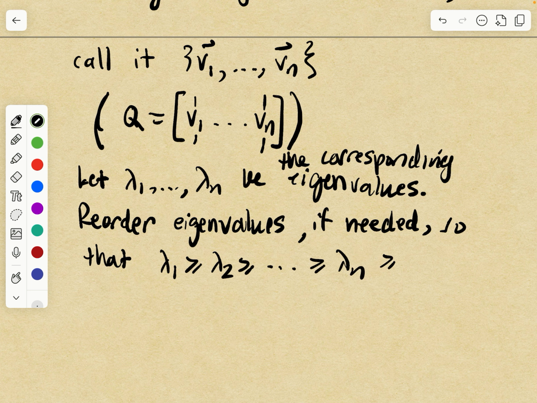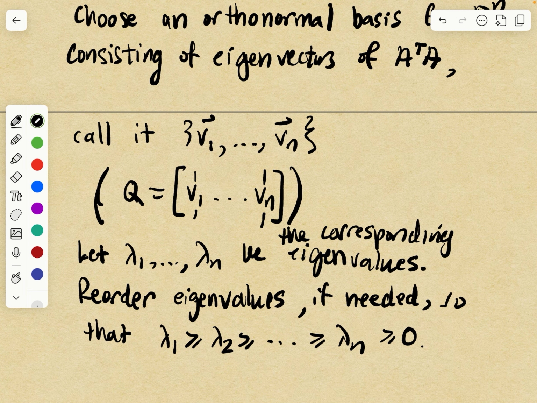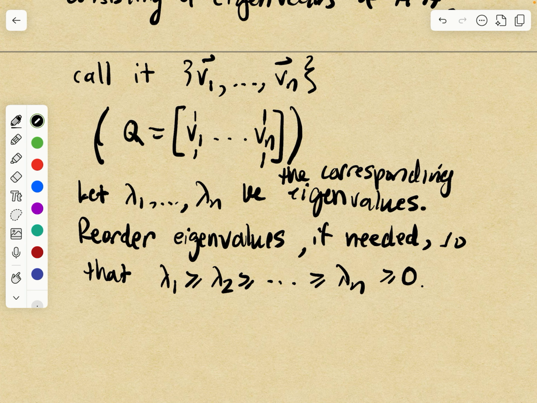And of course, we showed that these are all non-negative, so they're all greater than or equal to 0. Remember, we're looking at A transpose A here. Just to emphasize, A transpose A is Q lambda Q inverse.